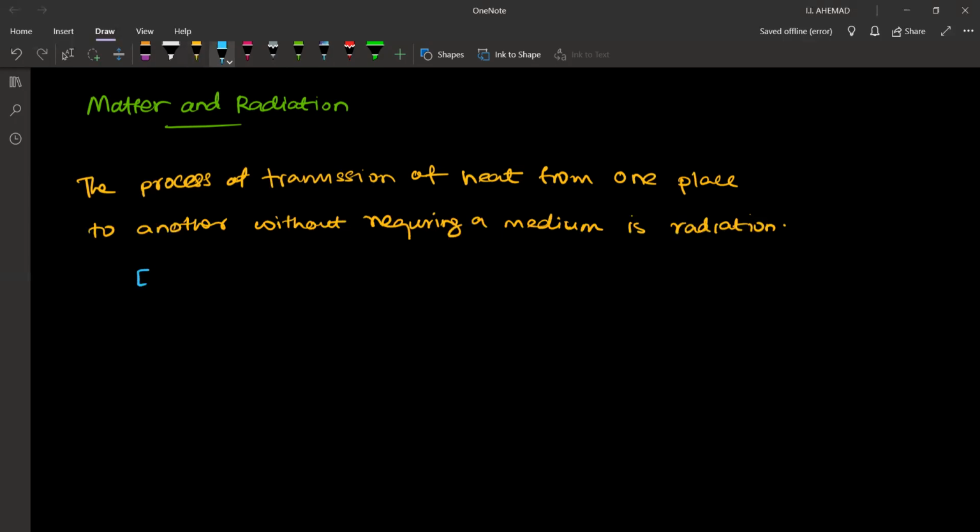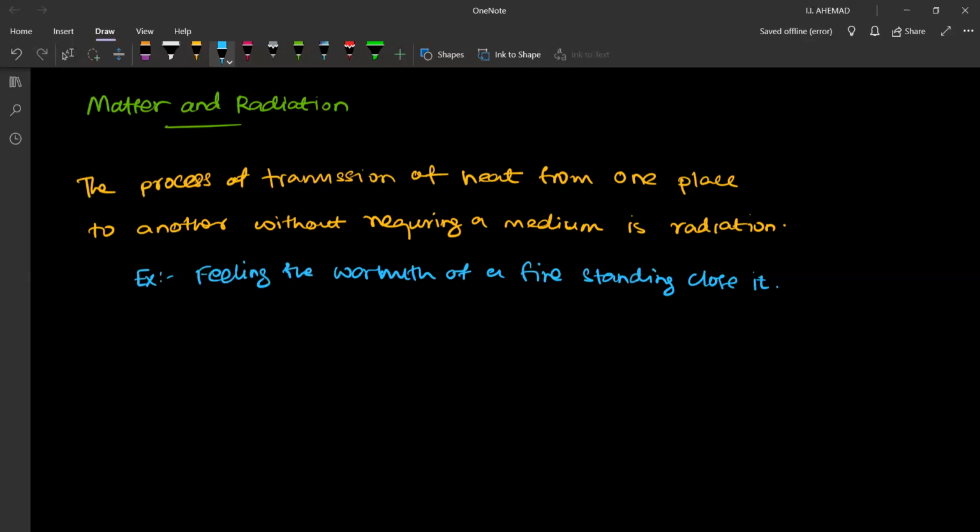So the best example: feeling the warmth of a fire, standing close to it.